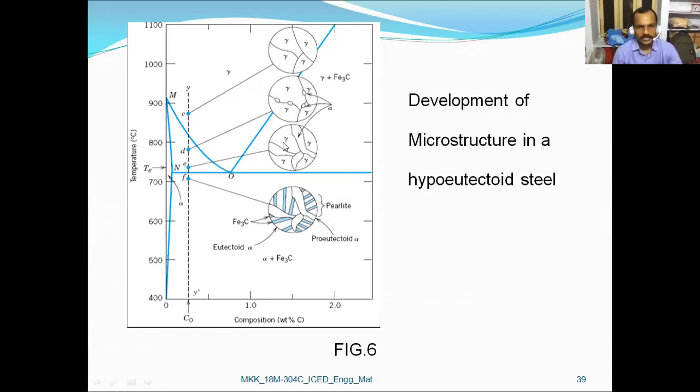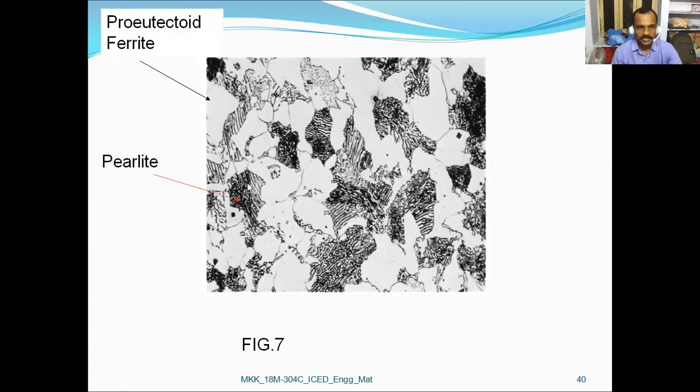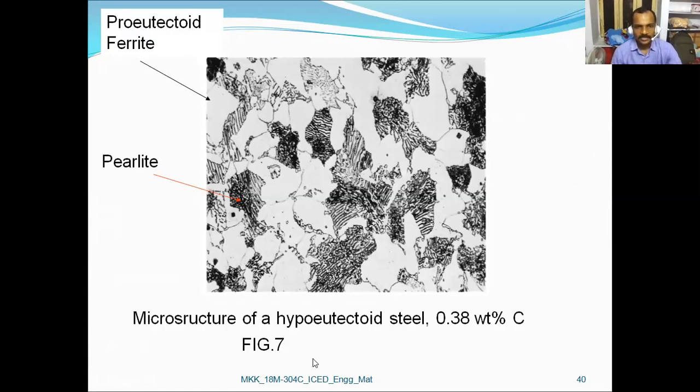Let us see here, this is gamma iron having alpha here, gamma plus Fe3C. So this is the structure of pro-eutectoid ferrite. You can see the dark shades and light shades. The dark shade is known as perlite, and this white shade is known as pro-eutectoid ferrite. This is a microstructure of a hypoeutectoid steel, 0.38 percentage of carbon.